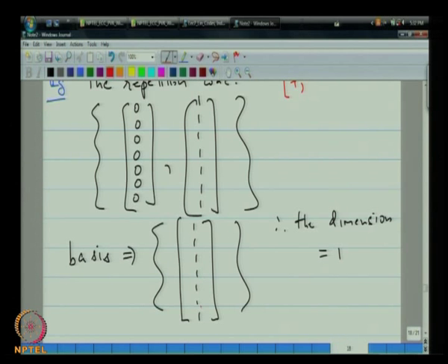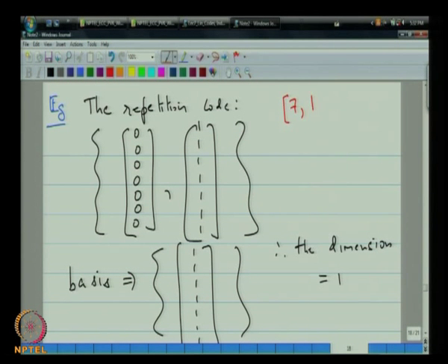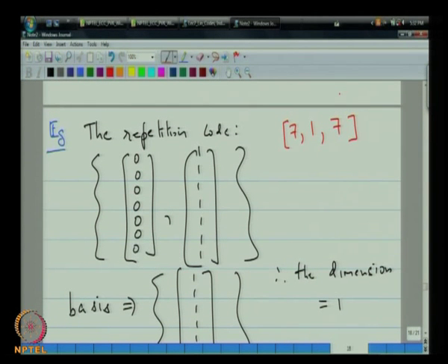Since it has a basis consisting of a single element, the dimension is 1, and the minimum distance we know from earlier is 7. So, this is a [7, 1, 7] code.